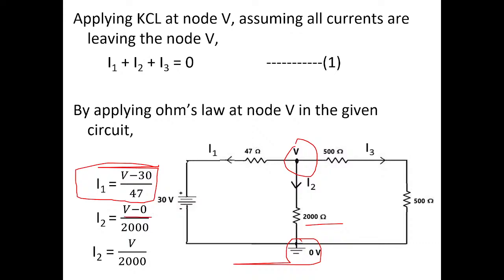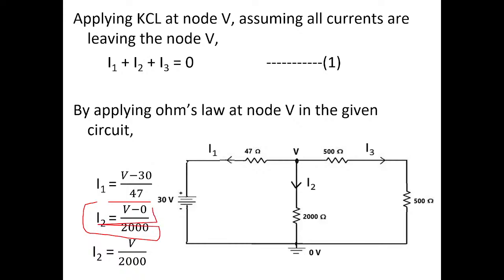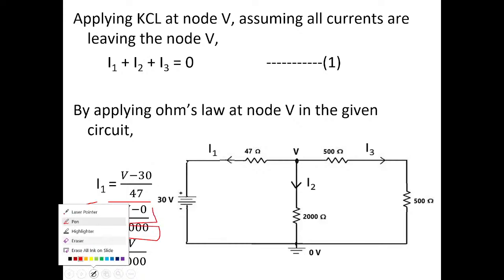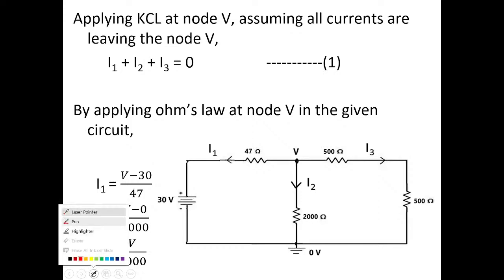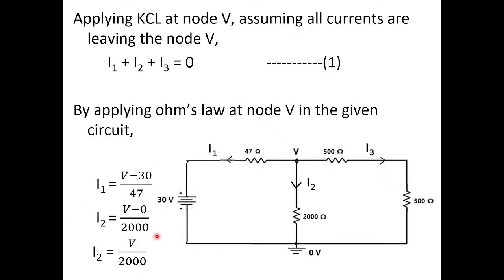V minus 0 by 2000. My cursor won't listen to me, so I will take the pointer.